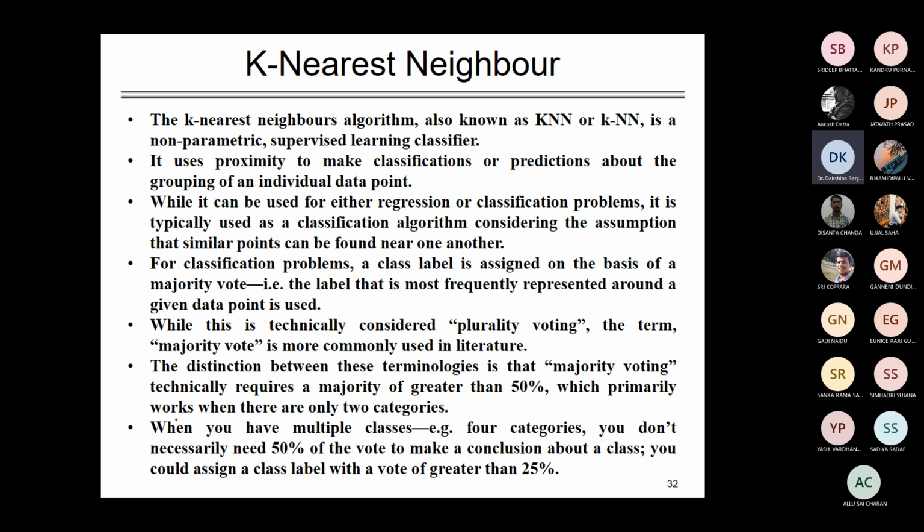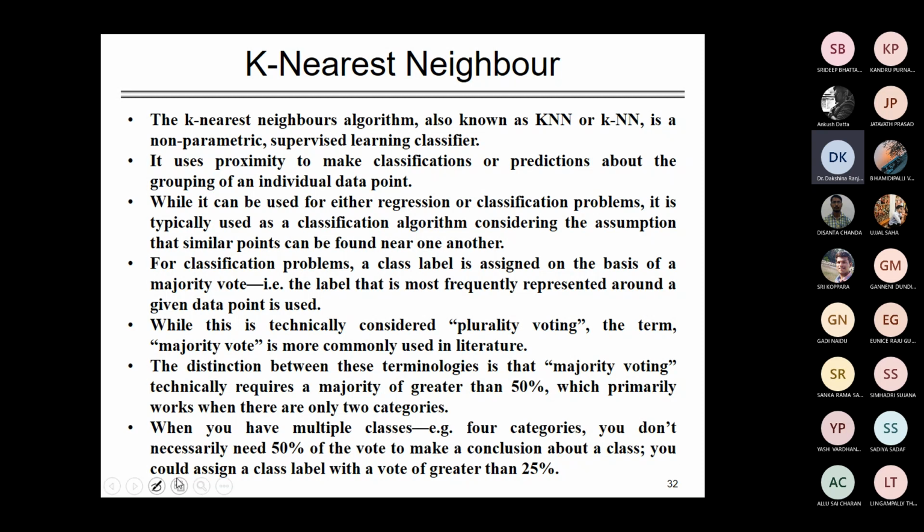Now, if we consider a two-class classification problem, then majority voting infers that the majority should be greater than 50%. And when we consider a multi-class problem, we have more than two classes. Let's say for four classes, we don't necessarily need 50% of the vote to make the conclusion about a class.